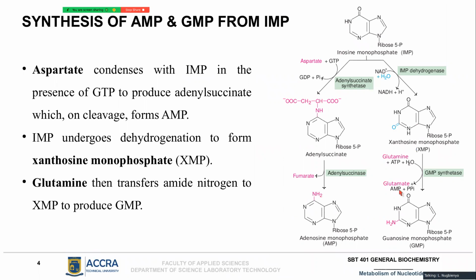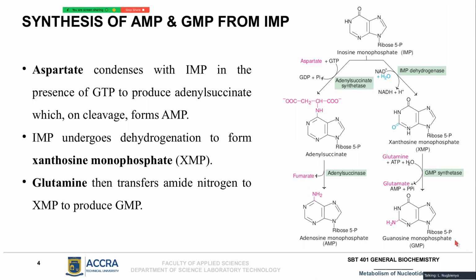So now you have your inosine monophosphate. This inosine monophosphate goes into the formation of two nucleotides, which are adenosine monophosphate and guanosine monophosphate. Remember, the purines are two.